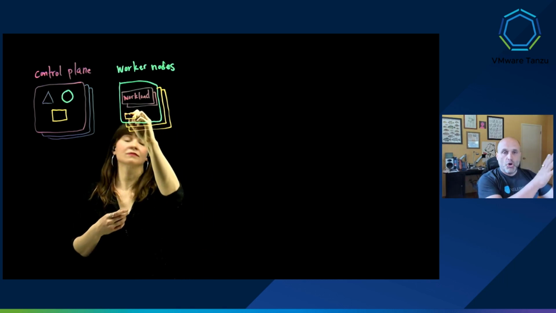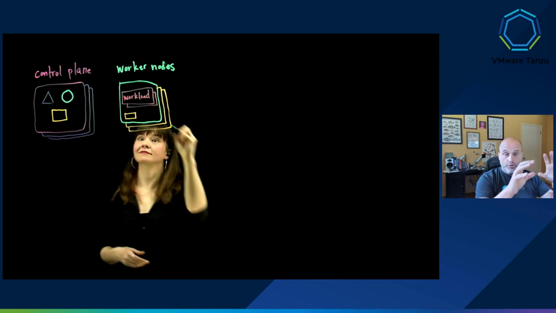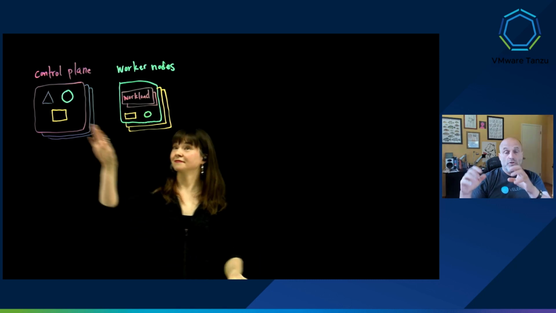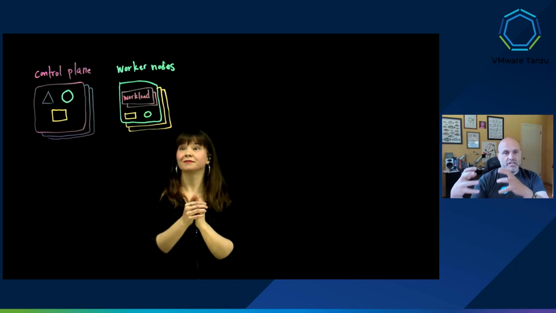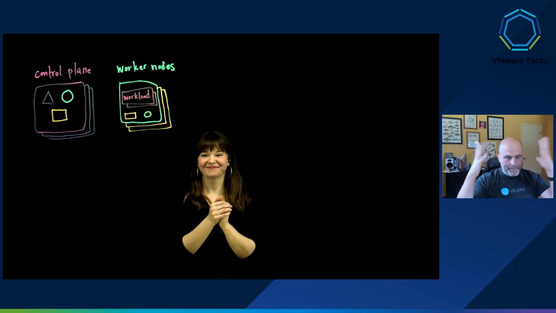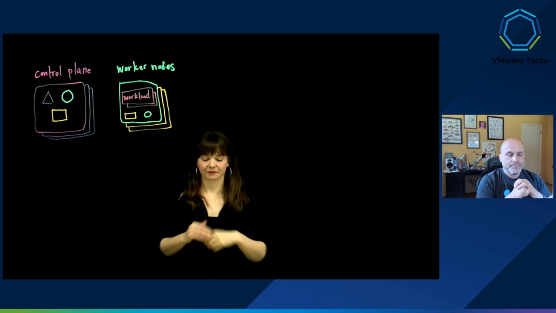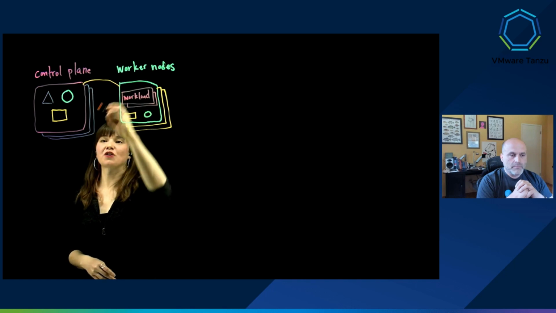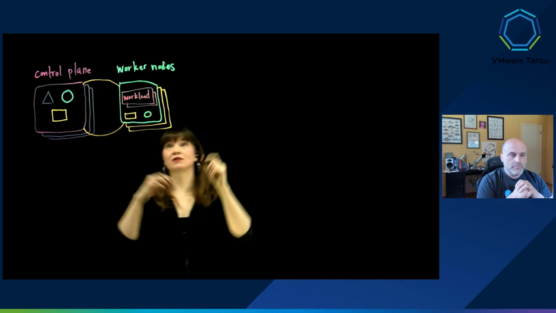So again, the control plane manages and controls nodes and also the things running on the nodes, and the worker nodes actually run the things that you want to run for your applications. Your worker nodes can also just be called nodes, and those are what's running the application.